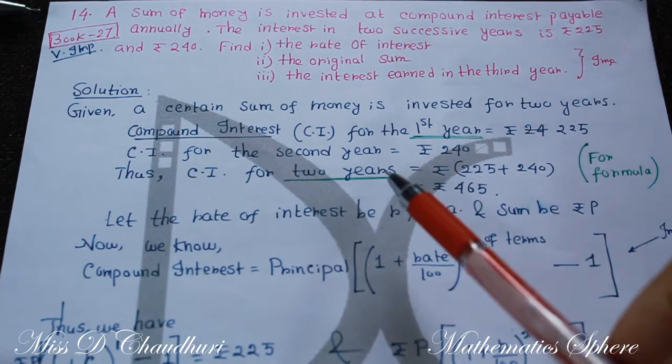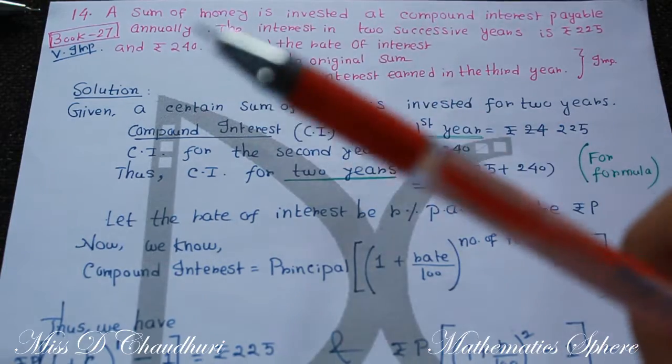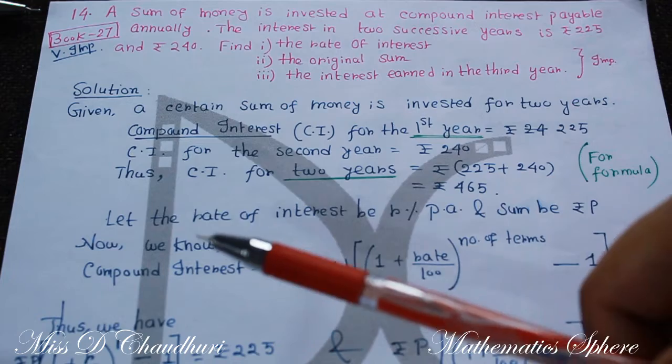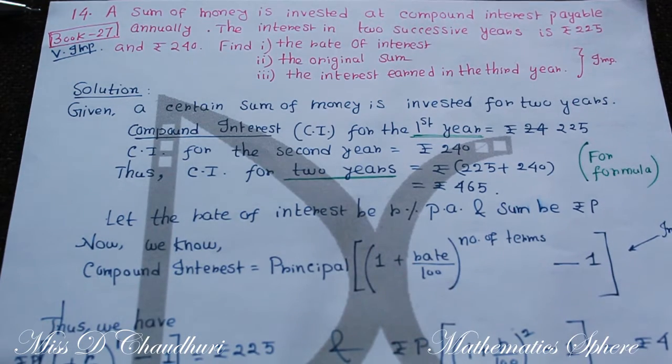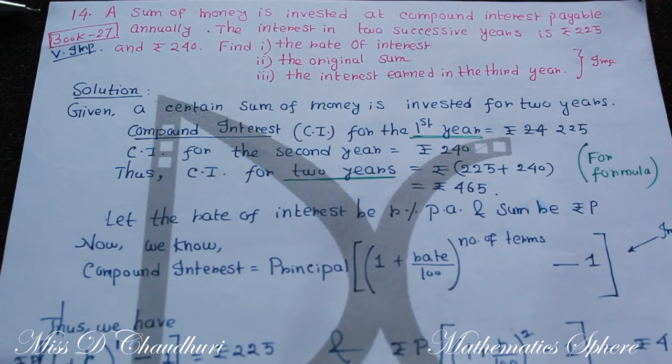First of all rate is missing, original sum is missing, but what is the problem there? Same type, but the only thing is here the amount is not given. In that question it was given, the amount after 3 years, the amount after 4 years, but in this question the amount is not given. Here CI is given. The main thing you have to remember in compound interest is that you will have to read the questions very properly.